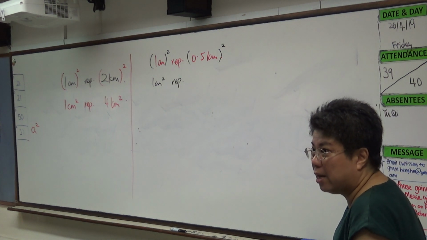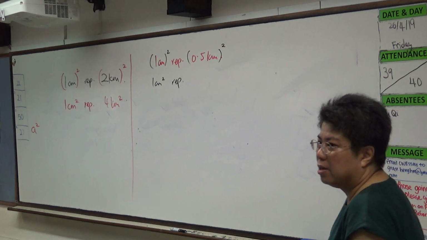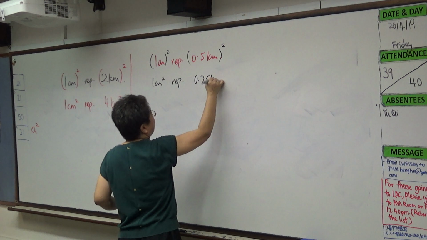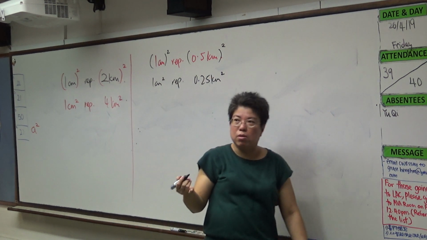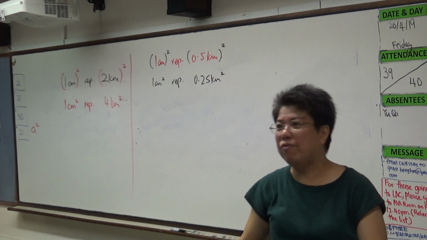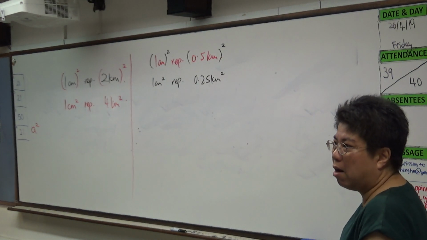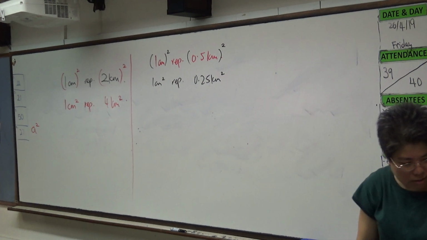Don't use mental sum and get it all wrong. 0.25. I'm worried that you get it wrong. A lot of people say 0.5 times 0.5 is 2.5. After that, die already, you understand? You must know. Do you agree it's 0.25 kilometers square? Okay, so first part.